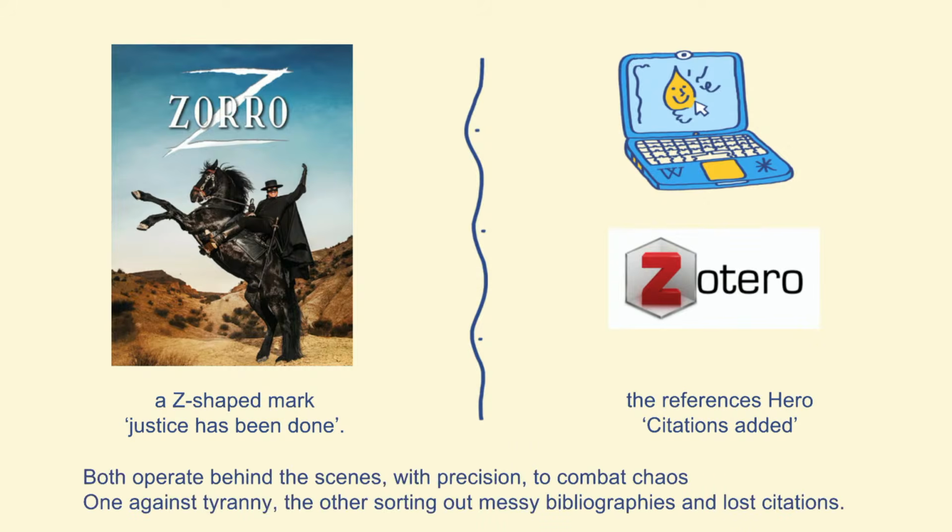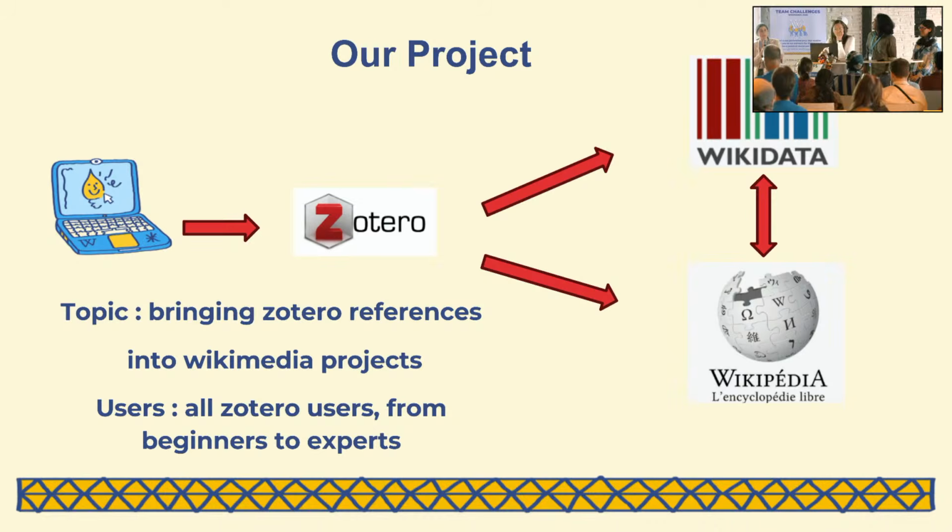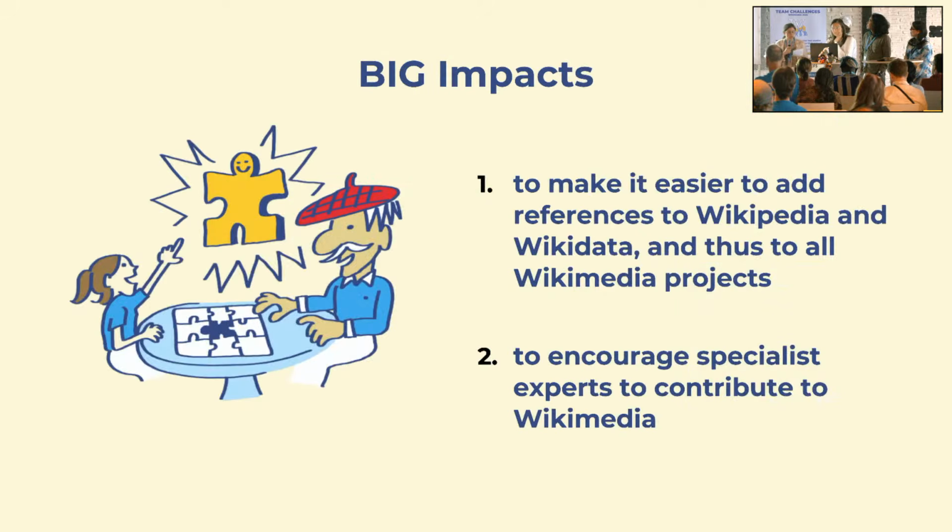Zotero is a bibliographic reference manager software used by many people, notably researchers and GLAM actors. So our project proposes new ways to improve the connection between Zotero and Wikidata and Wikipedia. Our impact would be to facilitate the addition of references to Wikidata and Wikipedia and encourage expert contribution.